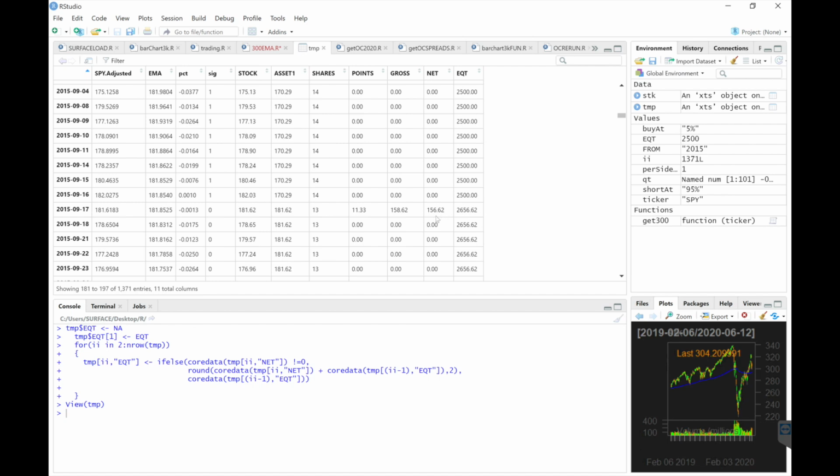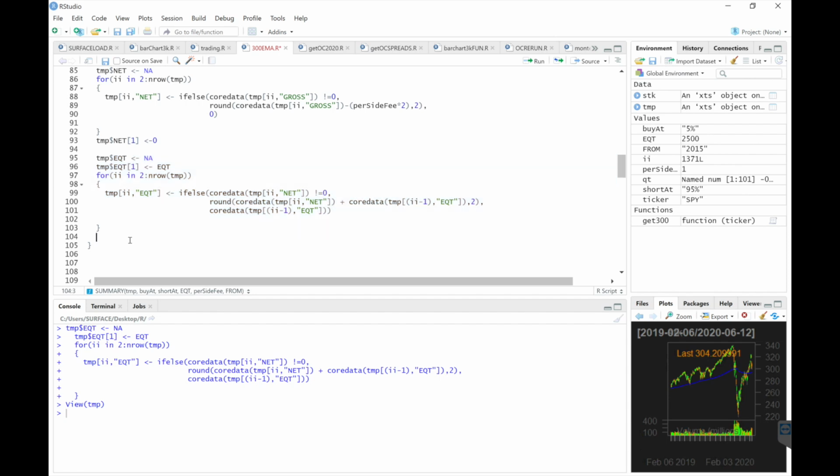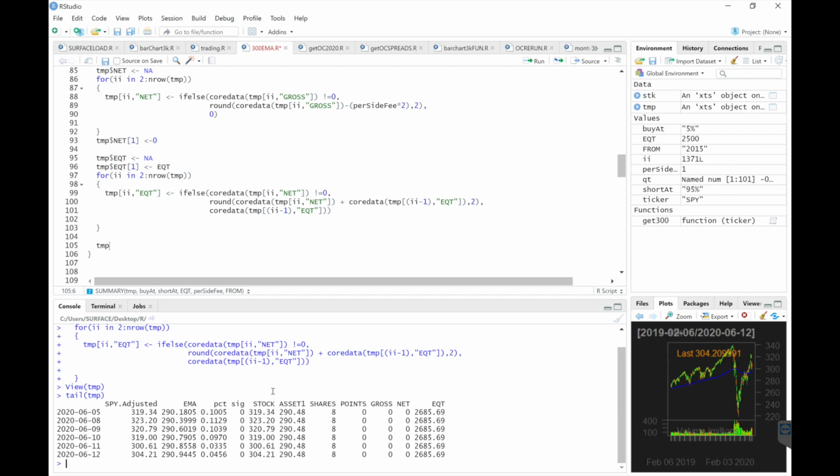So here we added 156.62 to 2,500, and we got 2,656.62, which sounds right. And then finally, I just want to return temp. So we'll take a look at tail of temp. All right, so for this trading strategy, out of $2,500, our ending equity was $26.85.69.